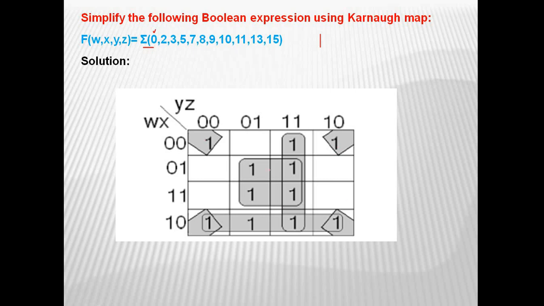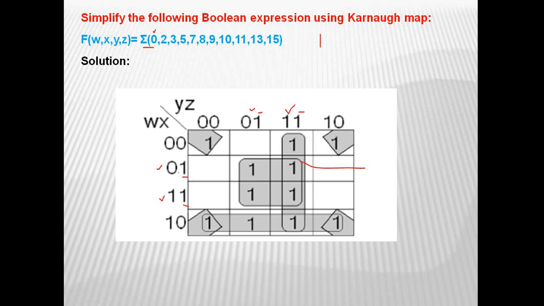Okay, and we are going to write the minterm for each of these. First of all, I am taking this one. When you consider these 4 ones, we have to take into account the variables that stay the same, so we have to check.